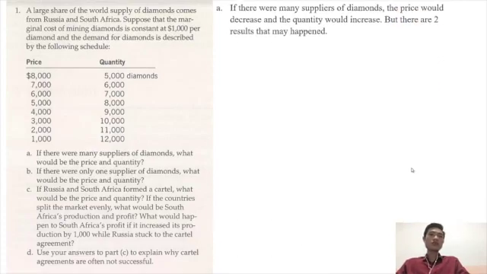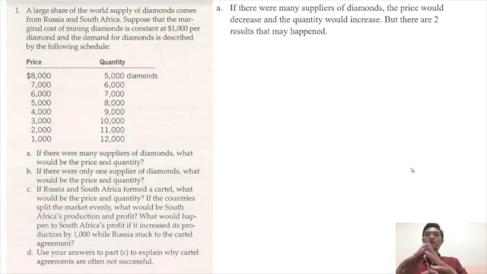The first question: if there were many suppliers of diamonds, what would be the price and quantity? When there are more suppliers, the quantity of diamonds will increase, and as you can see on the demand schedule, the larger the quantity, the lower the price.